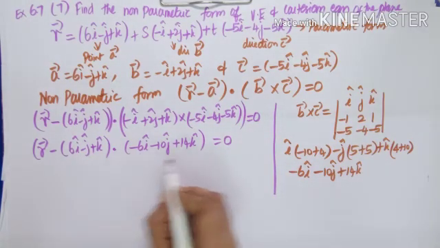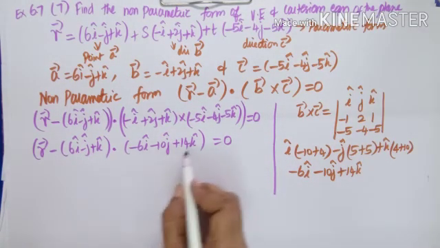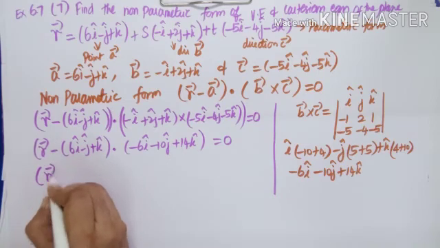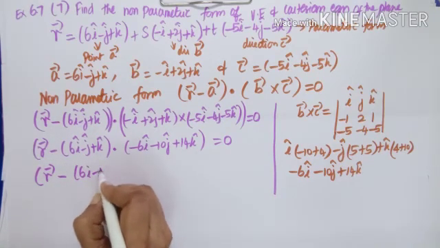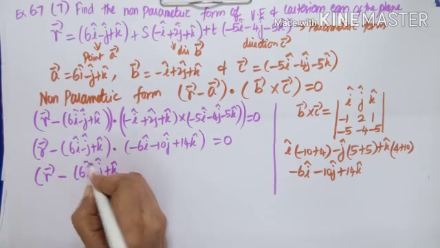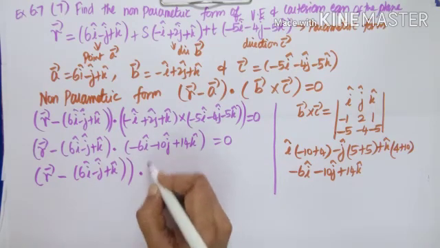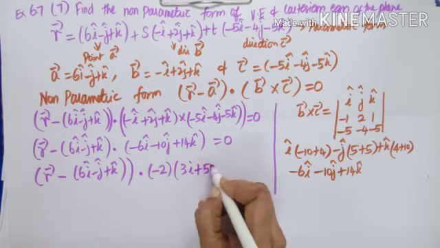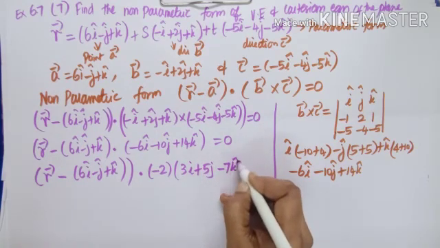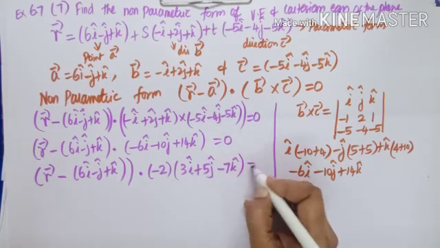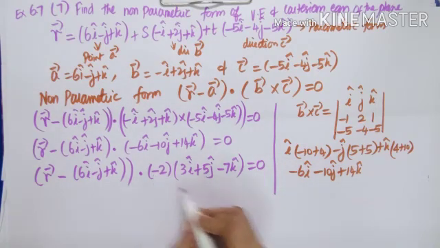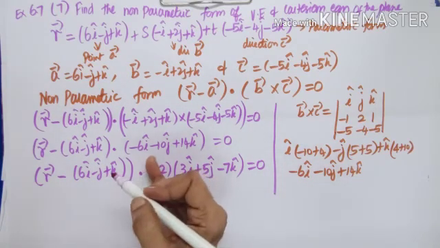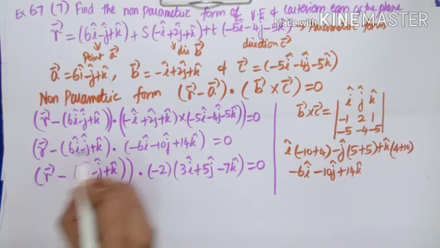I can actually take minus 2 common out. R minus 6i minus j plus k dot, take minus 2 out. It is 3i plus 5j minus 7k equals to 0. 0 by minus 2 is 0. So forget this number. Dot product with this.